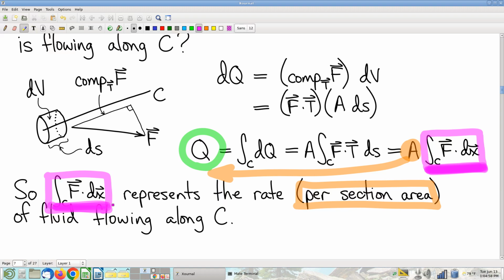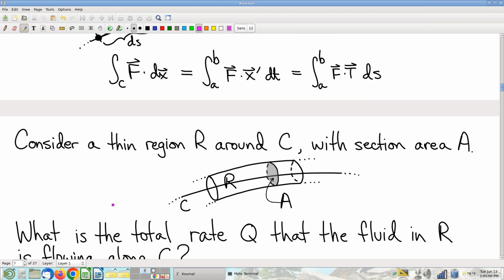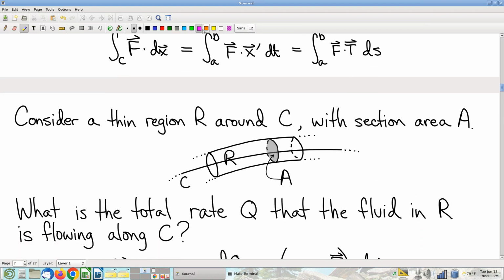So, back up to the question, why would I care about such a thing? Let's face it, this cross-sectional area was pretty arbitrary. In some sense, the whole reason I had to entertain there being a cross-sectional area is so that I have an actual volume of fluid. I needed a non-trivial amount of fluid to actually talk about how it's flowing, right? I don't actually care about this cross-sectional area. The curve is what I'm actually interested in, right?